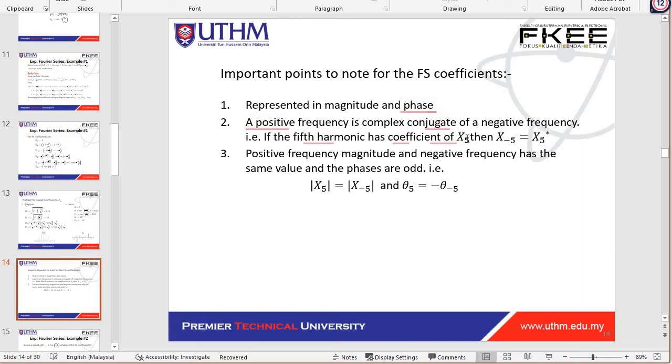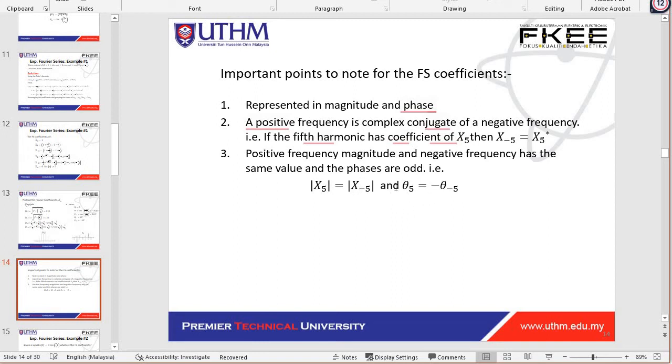So for x5, positive 5 and negative 5, the value of negative 5 is the conjugate of the value of x5. And then the positive frequency magnitude and the negative frequency have the same value and the phase is odd. Let's say modulus x5 is equal to modulus x negative 5.